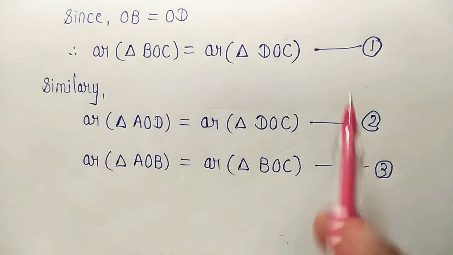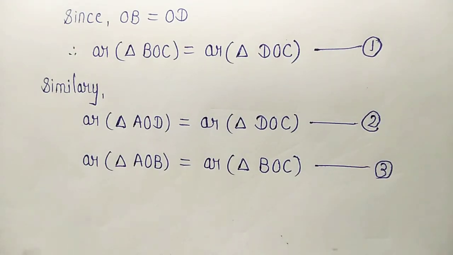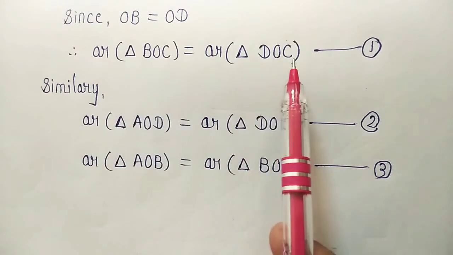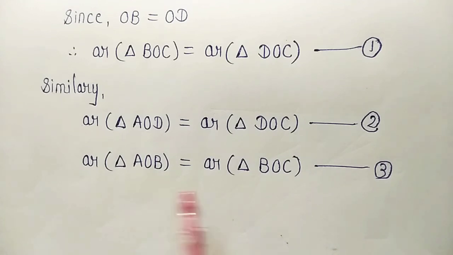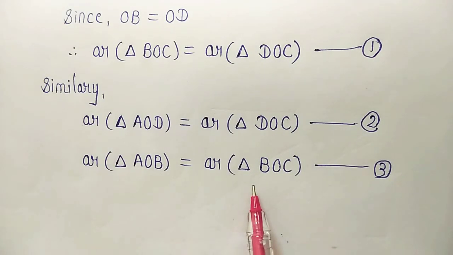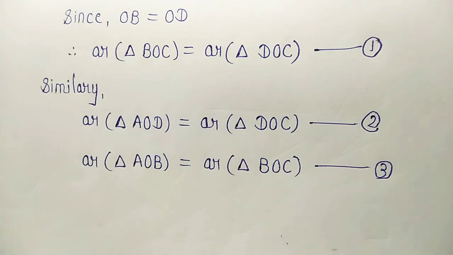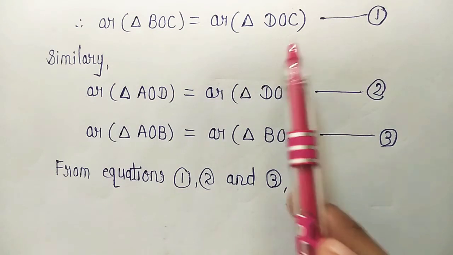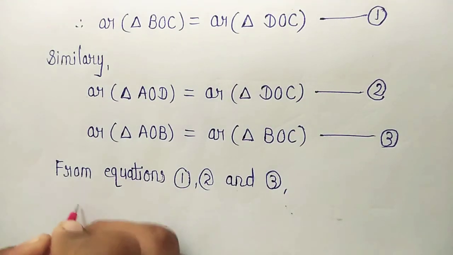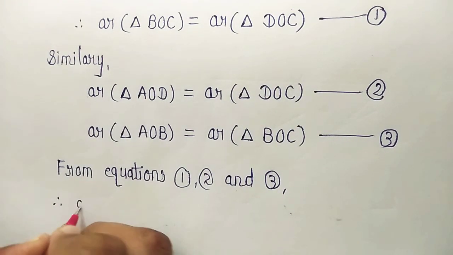Look at equations 1, 2 and 3. Area of BOC equals area of DOC, AOD is equal to DOC, and AOB is equal to area of BOC. From these 3 equations, we can say that the areas of all 4 triangles are equal. So let us write from equations 1, 2 and 3. Simply we are not writing, students. Here it is there in equations 1, 2 and 3 that the areas of all 4 triangles are equal.